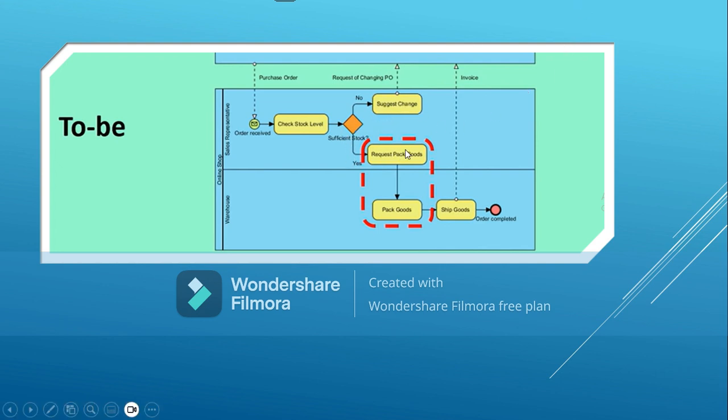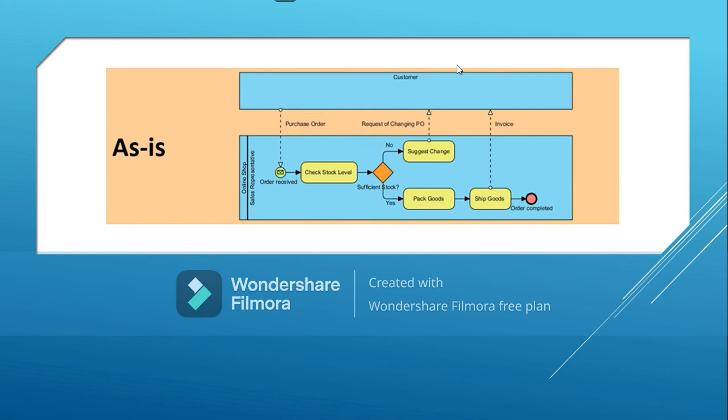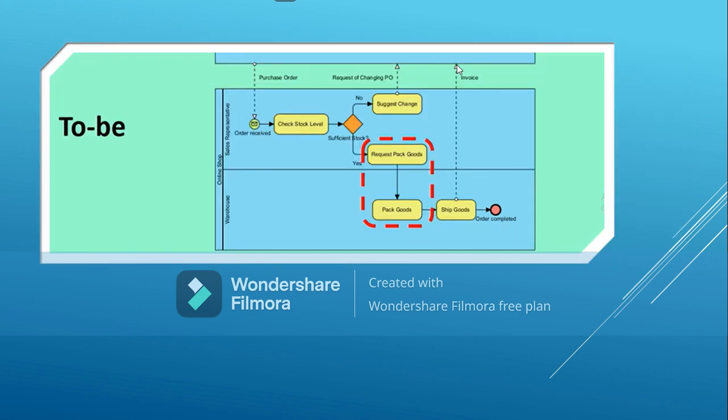It will simply see that yes, the goods are there, they'll pack the goods in a very good way, ship the goods, and the order is completed, the invoice is generated, and it's given to the customer. So this is the process: you wanted this as-is to be modified, and it should be the to-be. This is what happens in the version changes.